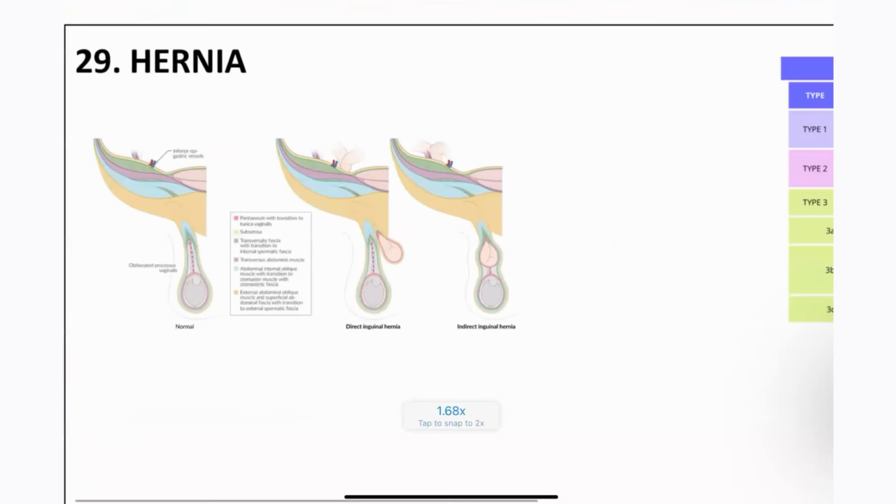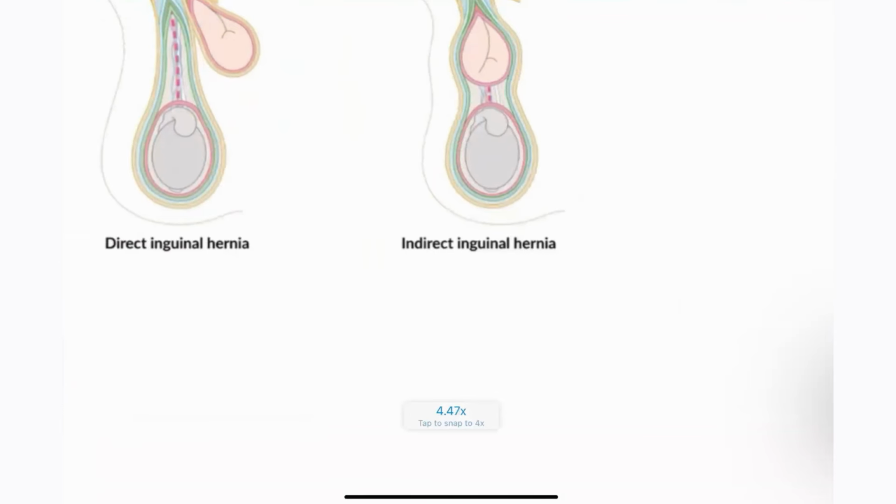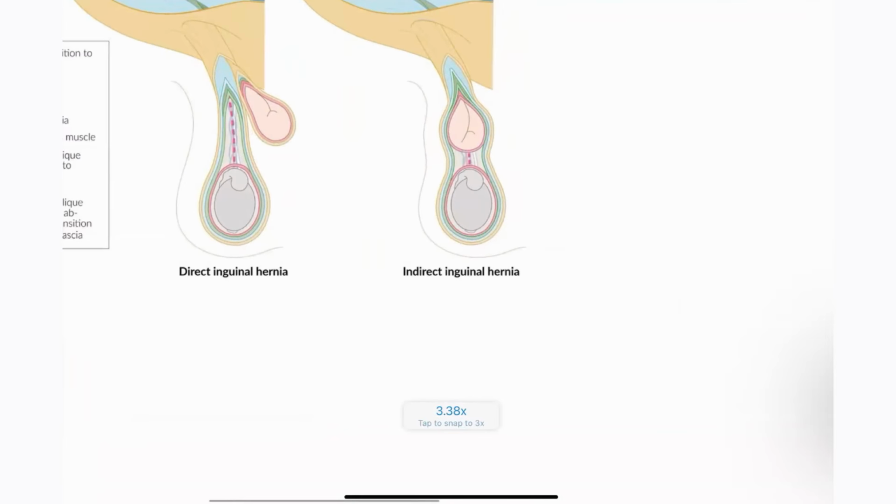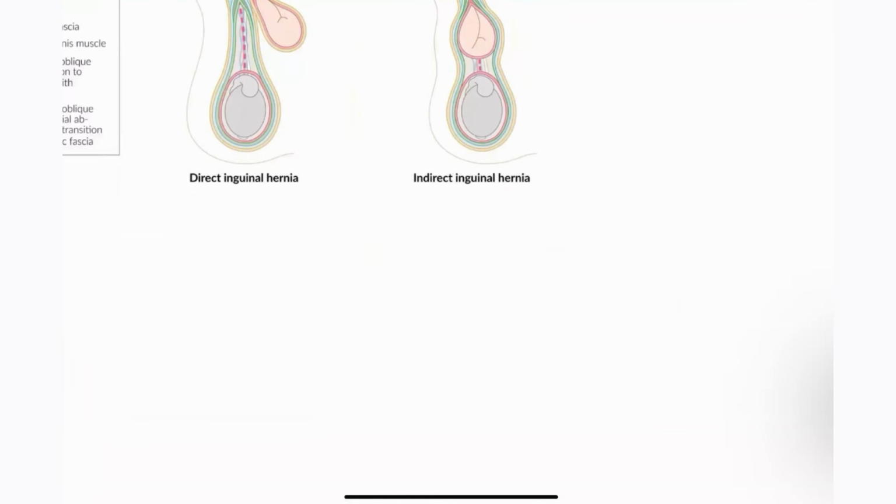Next, moving on to the hernia. In the hernia, the major differences are seen between direct and indirect hernias. First, what is the location of the direct or indirect hernia? Most commonly the indirect hernia is lateral to the inferior epigastric vessels.